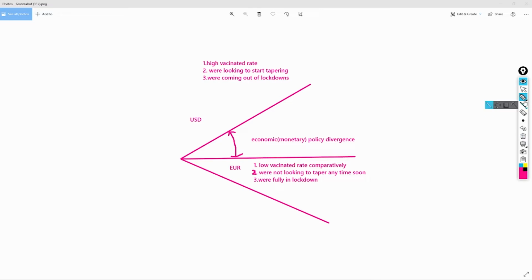And before we move on to this diagram, this line or ray going up, this one representing the USD, this one is the euro.